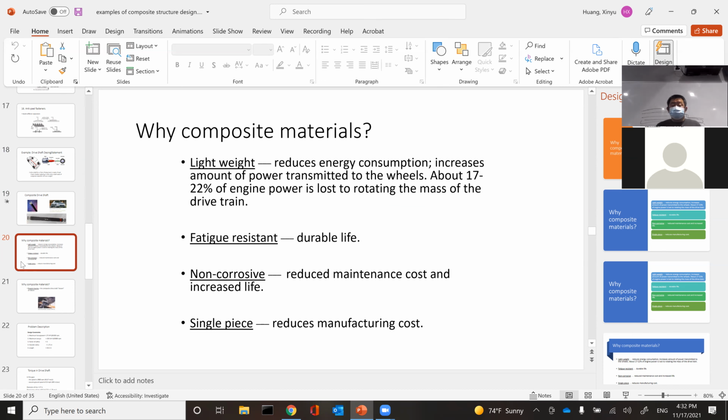Overall, carbon fiber materials are much more resistant to fatigue than metals. They also have fewer corrosion issues compared to metals. There is still galvanic corrosion.